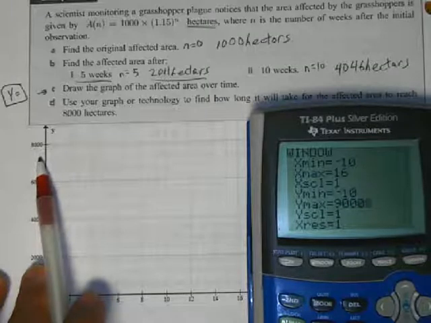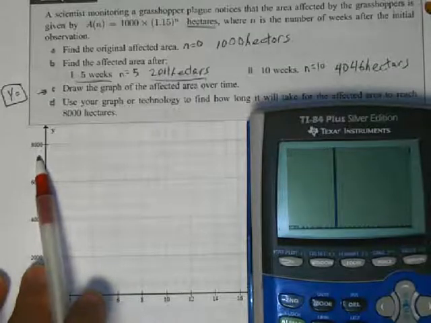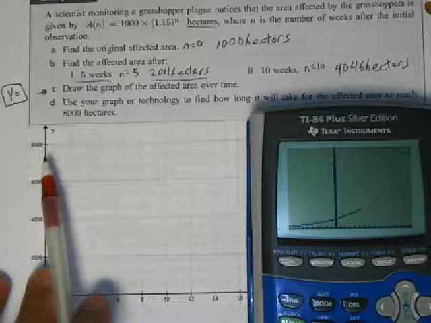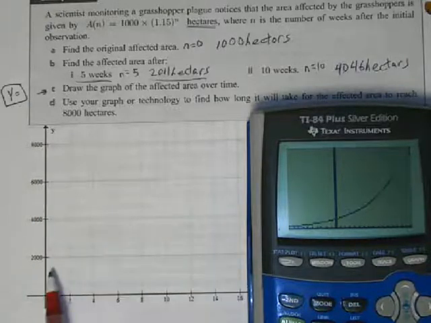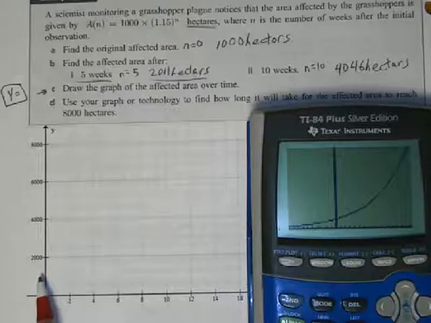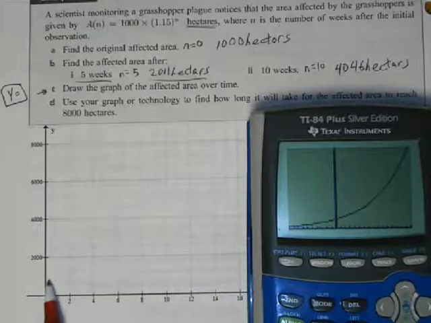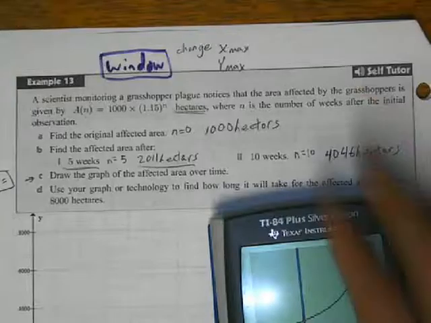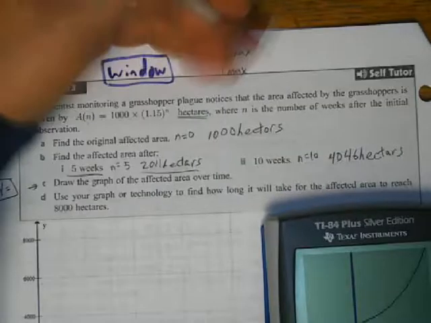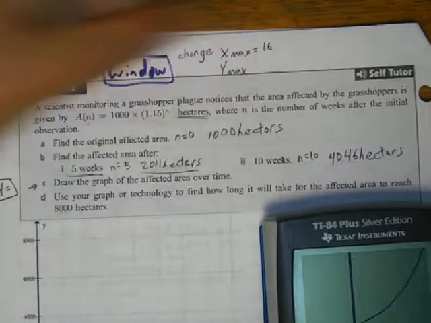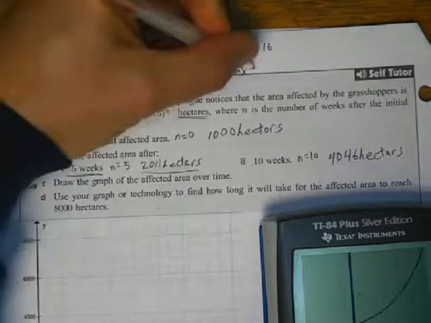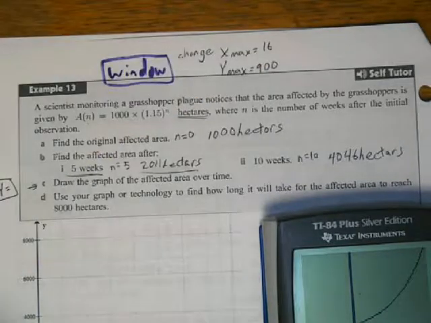Okay. And now if I hit graph, you're going to be able to see a nice graph of this. Okay, so I changed the X max to 16 and the Y max to 9,000, looking at this grid here.